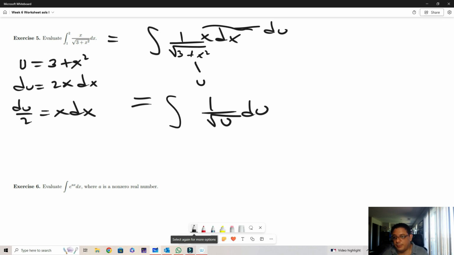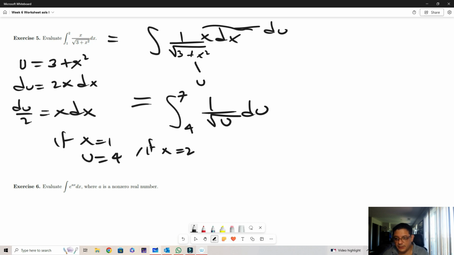And so at this point, because I have limits of integration, if x equals 1, then u is going to be equal to 4. And if x is equal to 2, then u is equal to 7, since 3 plus 2 squared is 7.